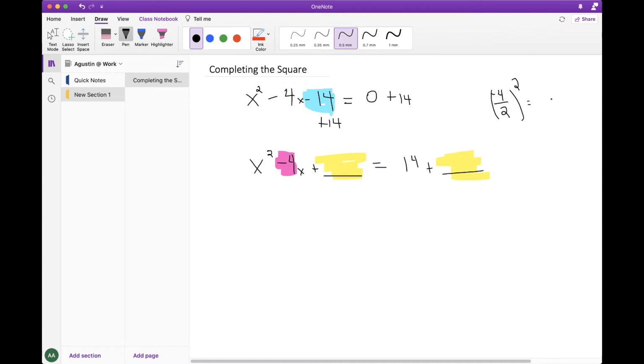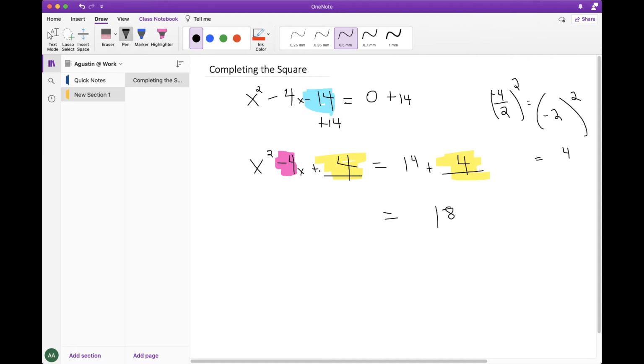So negative 4 divided by 2 is negative 2, and then squared equals positive 4. So that's what I'm going to add to both sides. I'm actually going to add 4 here and 4 here. All right, so on the right side, I have 18. On the left side, I have x squared minus 4x plus 4.